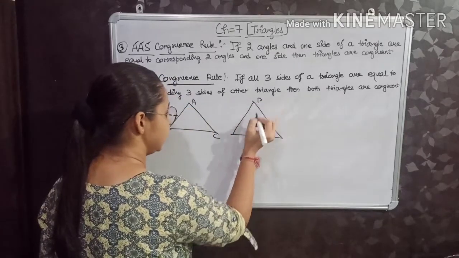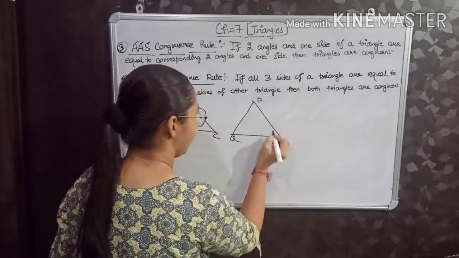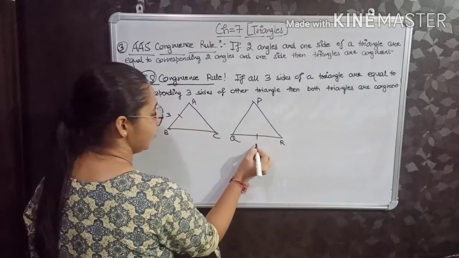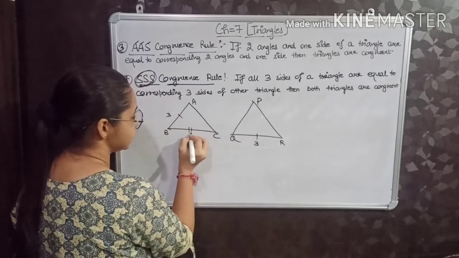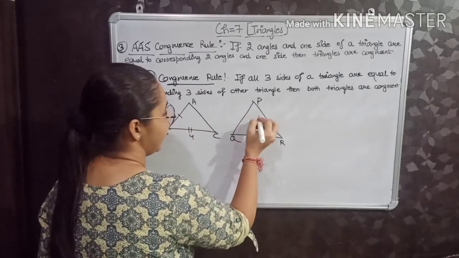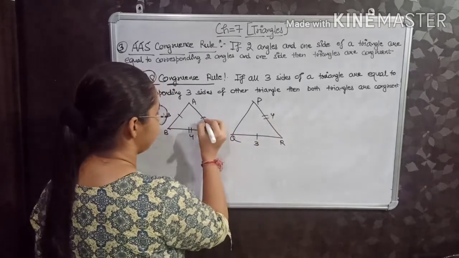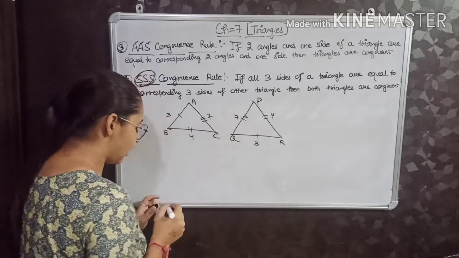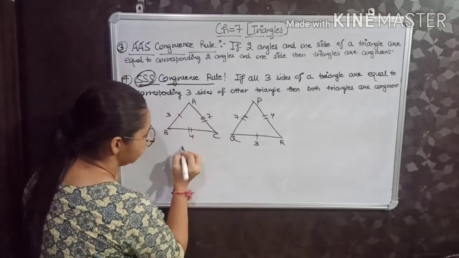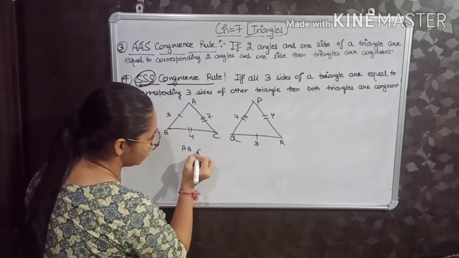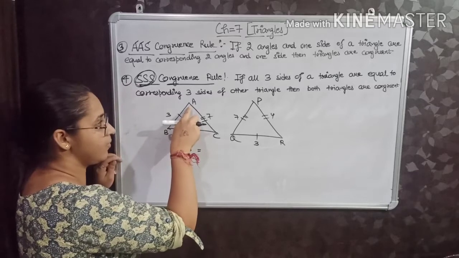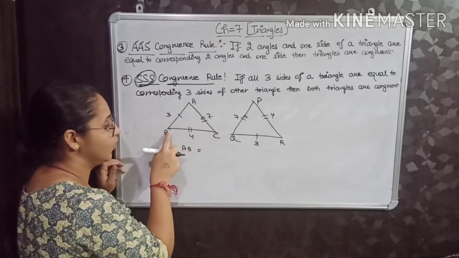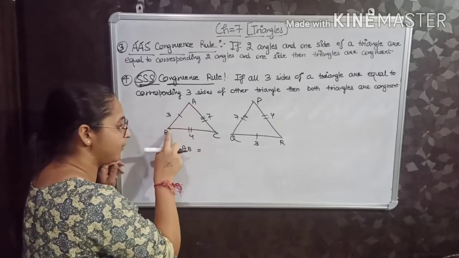A, B, C, P, Q, R. Now, if AB is equal to 3, QR is equal to 3, BC is equal to 4, and this is equal to 4, and this is equal to 7, and this is equal to 7. Now, see, if I am starting from A and reaching point B, from A I am here now.